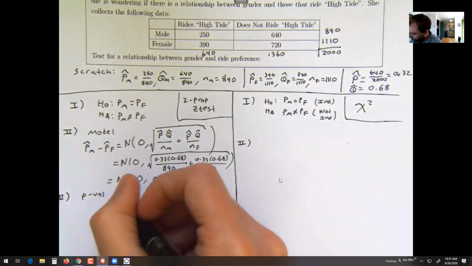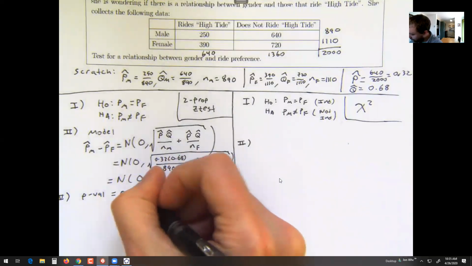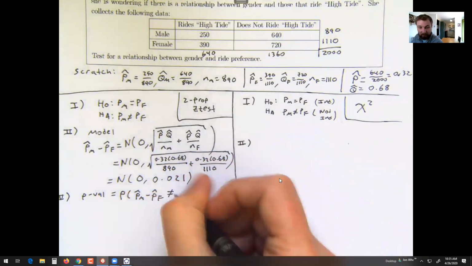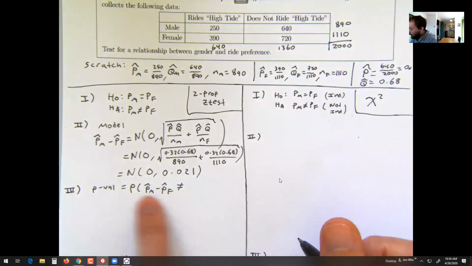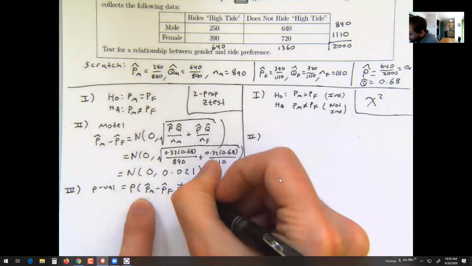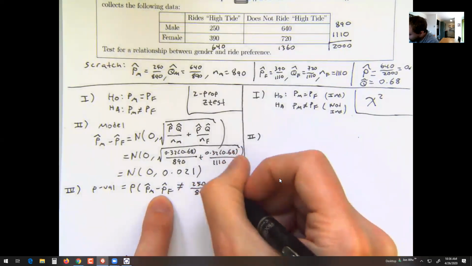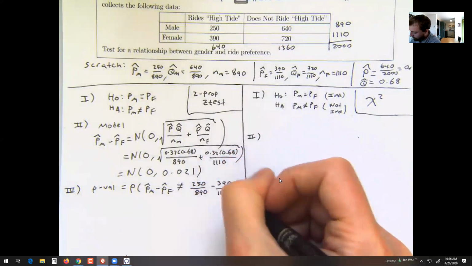So my p-value is going to be the likelihood of having my success rate or more extreme, whatever symbol I have from the alternative. And this is where I will compare my actual success rates for the group. So for male, I had 250 out of 890, and for female, I had 390 out of 1,110.